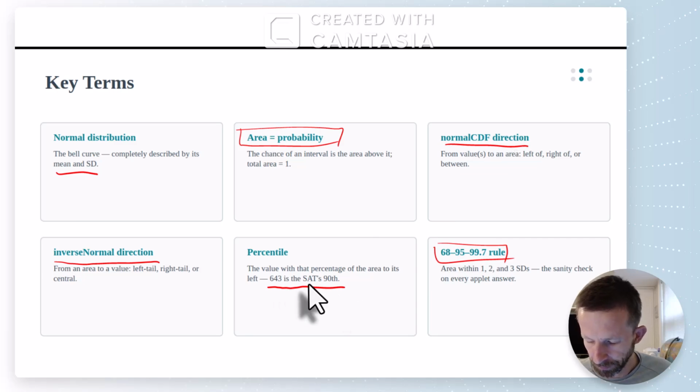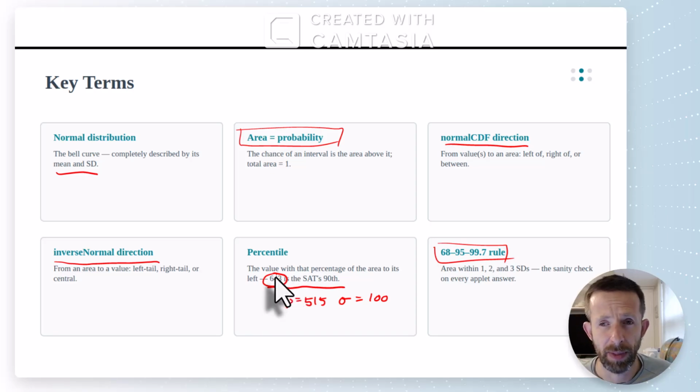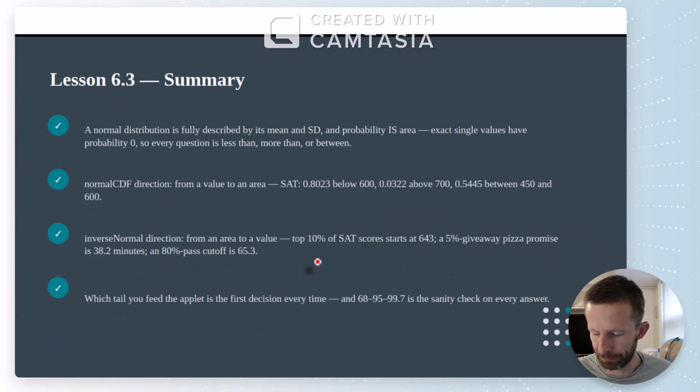Percentiles: if you have a number, like on the SAT where the mean is 515 and the standard deviation is 100, if somebody scores 643, 90% of the people are to the left of that score, so that score would be in the 90th percentile. And then you've got the empirical rule and a summary of what we went over, and that is lesson 6.3 on normal distribution.